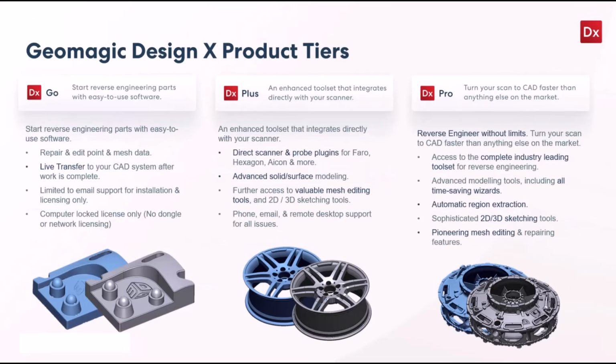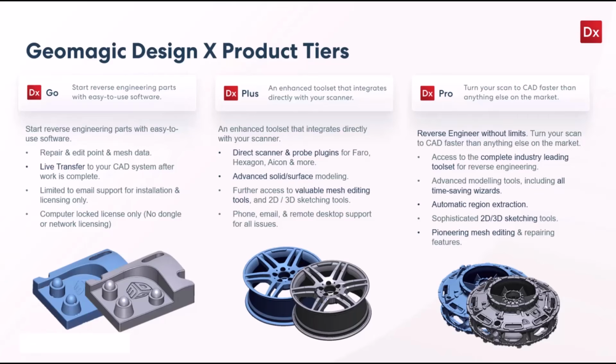As I stated before, Geomagic Design X Pro is part of a complete lineup of software that has 3 tiers of Go, Plus, and Pro. And again, the differentiators are that Pro has all the tools built in, Plus has plugins and basic modeling tools, and Go primarily is focused on importing data.